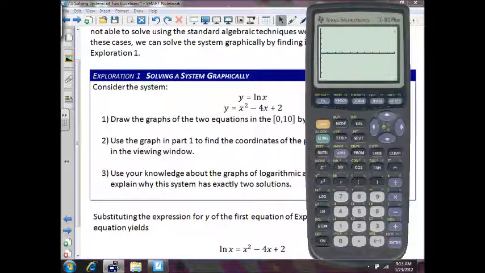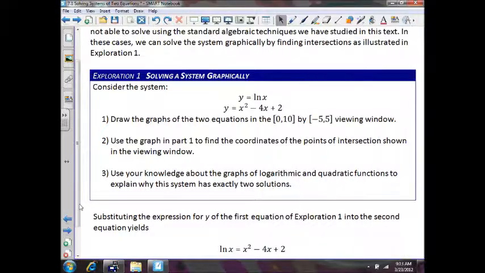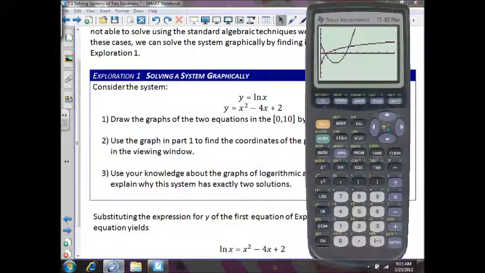So when you graph these, that's what you're going to get. ln of x will be the one that's going slowly as x approaches infinity. x squared minus 4x plus 2 will be the second graph, going to infinity a little quicker. Now use the graph in part 1 to find the coordinates of the points of intersection shown in the viewing window.